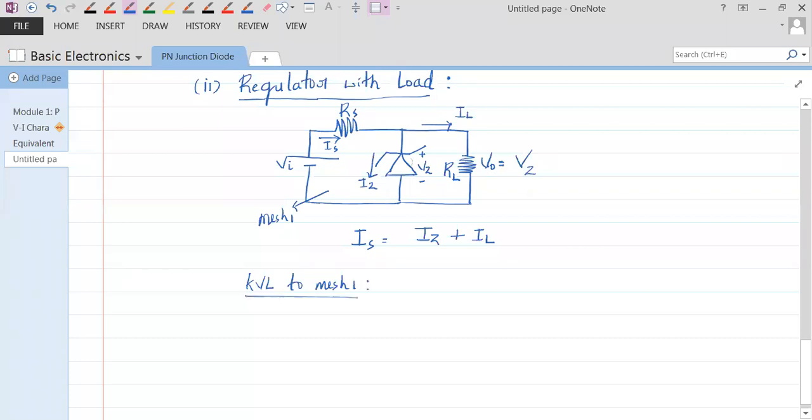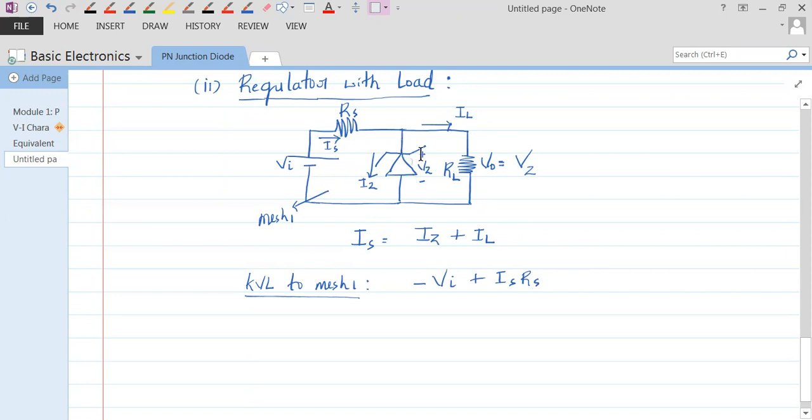It gives the same. We are moving in the clockwise direction, so it is minus Vi plus Is Rs, isn't it? Then we come down like this, operating in this particular path.